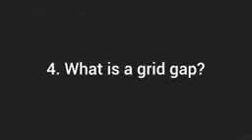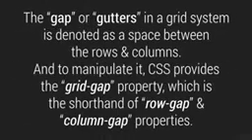Next question is, what is a grid gap? Well, the grid gap, also known as gutters in a grid system, is denoted as a space between the rows and columns, and to manipulate it, CSS provides the grid gap property, which is the shorthand for row gap and column gap properties.